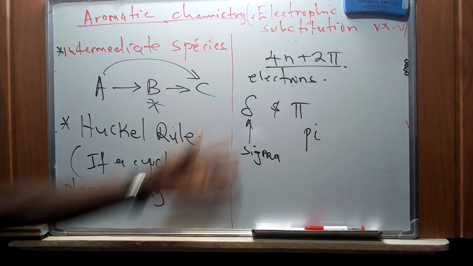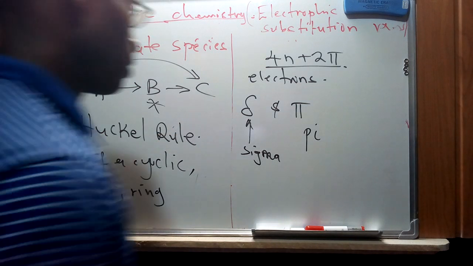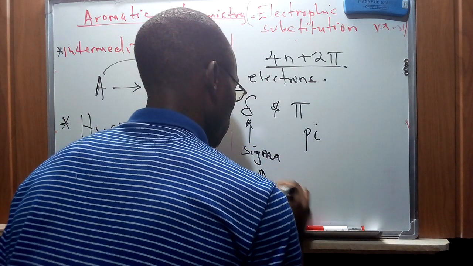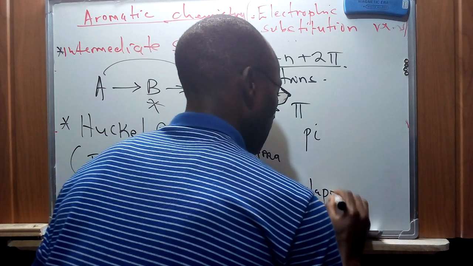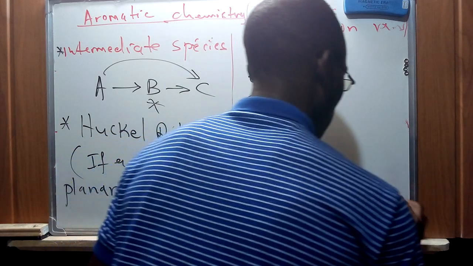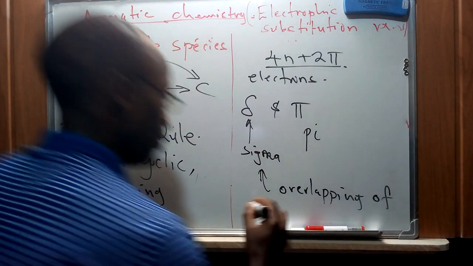When we talk about a sigma bond, this is a bond formed by linear or coaxial overlapping of atomic orbitals.